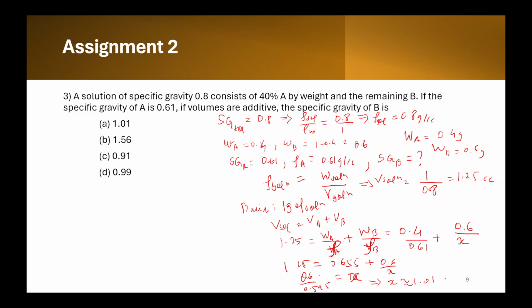This is the density of B, gram per cc. If we apply the same logic, density rho B is equal to X, which is 1.01 gram per cc, or SGB will be the same as 1.01. So the correct answer here is the first option A.